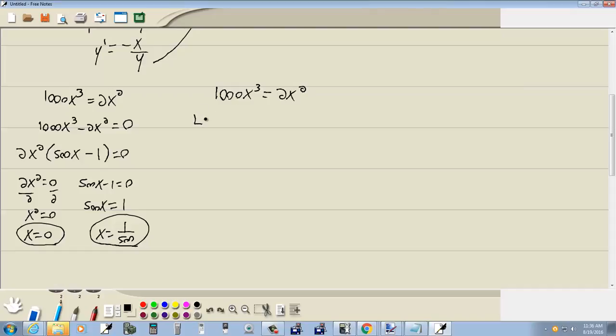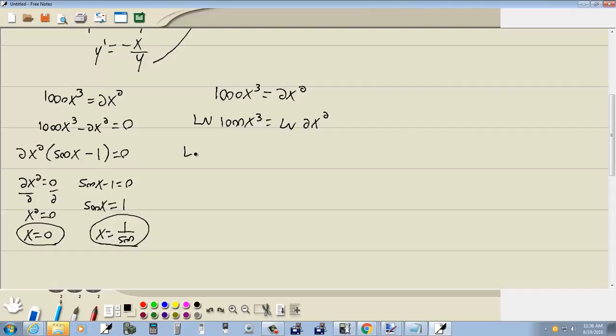Our properties of logs say you can introduce a log on both sides. You could do ln or log, which is base 10. Might actually work out better if I used log, but we'll go with this. Okay, then I can get the powers out of the logs. So 3 natural log of 1000. Now the problem is when I take these powers out of the log, over here I can't do it.